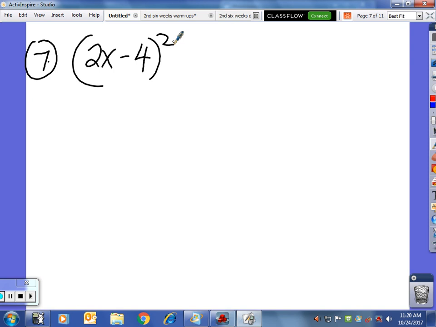Alright, keep in mind you cannot do this in your head. You need to write out 2x minus 4 right next to another 2x minus 4, or you're going to miss the middle terms.